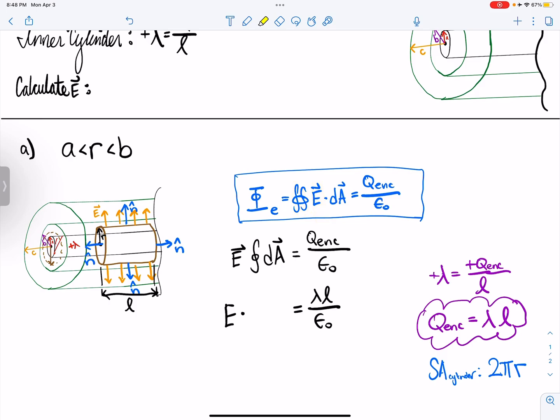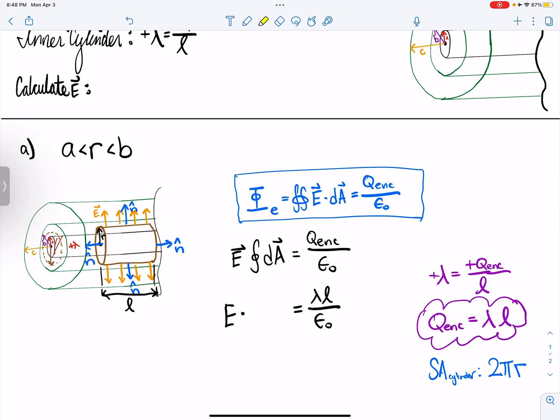So when we look at our Gaussian surface, we want to look at the electric field. One of the useful Gaussian surfaces that we use in chapter 22 is the cylinder.